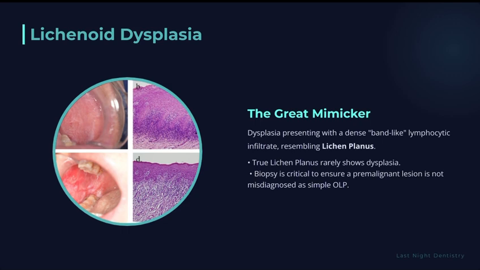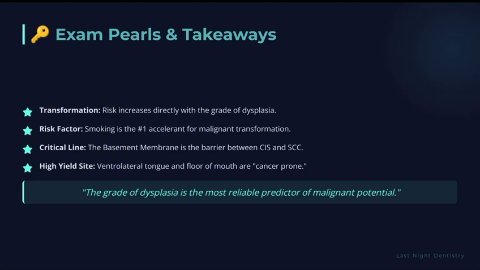Now, coming to the summary of this entire topic. Epithelial dysplasia is a premalignant epithelial alteration. It involves both cellular and architectural abnormalities. It commonly presents as leukoplakia. Smoking is the major risk factor.